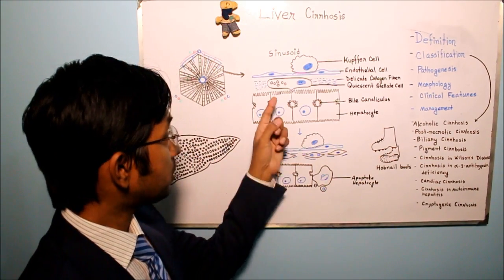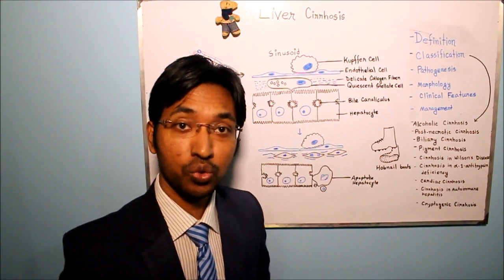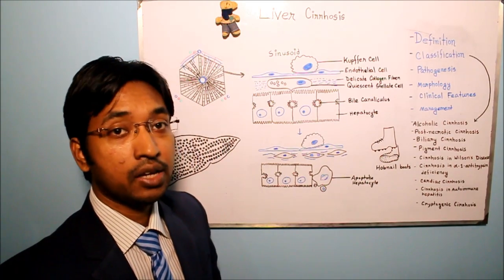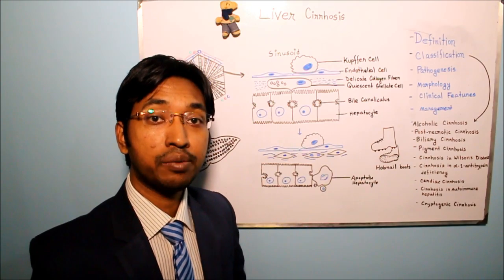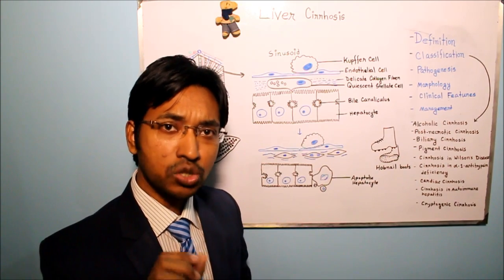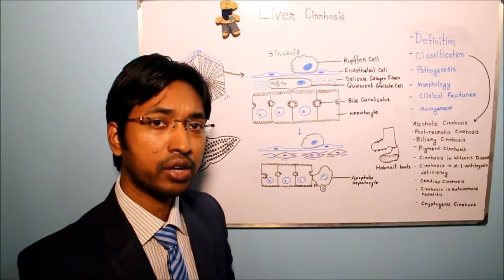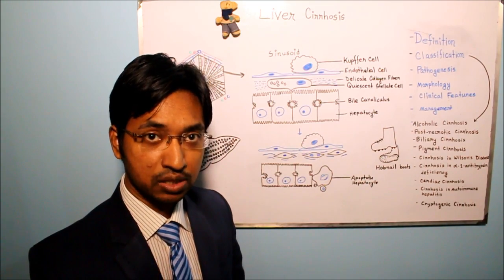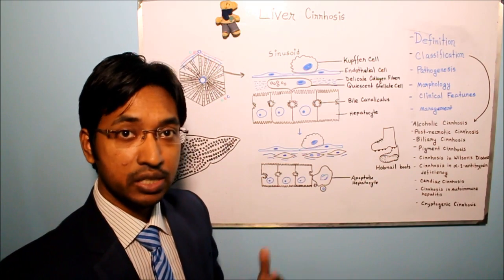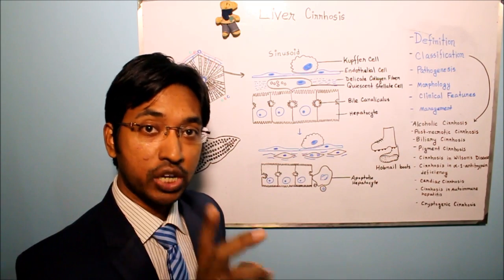But whenever these cells get activated following liver injury, they will be transformed into myofibroblasts. Now note this term, myofibroblast. Since we have the term fibroblast in this word, obviously these cells will be fibrogenic.